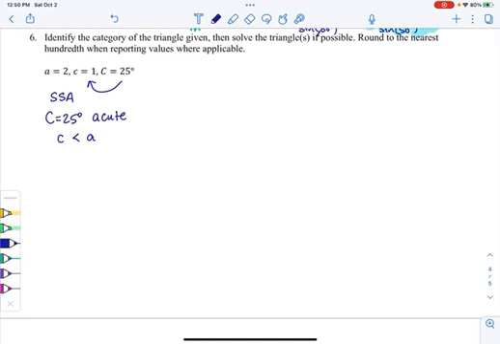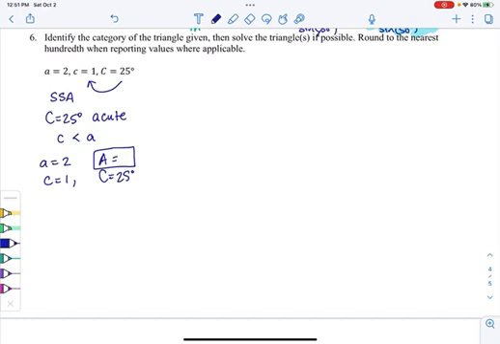And so what the flowchart says is go ahead and proceed with solving for the other angle that's a part of this pair. So what I mean by that is we have a equals 2, c equals 1, big C is 25 degrees. So go ahead and solve for this angle A using law of sines, and then we're going to make a decision about 0, 1, or 2 triangles after that.